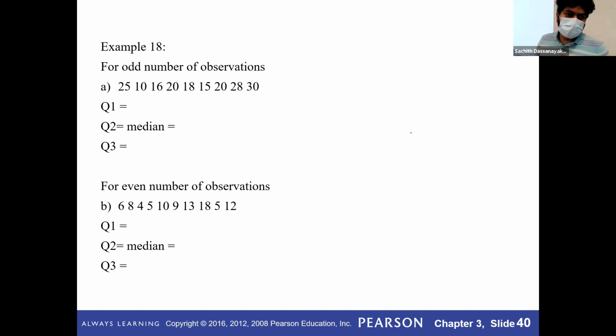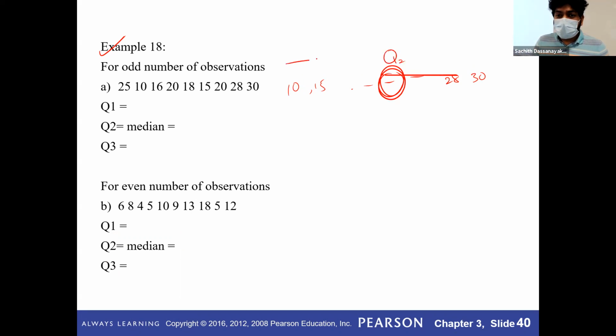We stopped last time at example 18, this part, right? Odd number of observations, now even number of observations. In this odd number of observations, like 10, 30, then maybe 50, something like that, 28, we have our median, which is Q2 here.